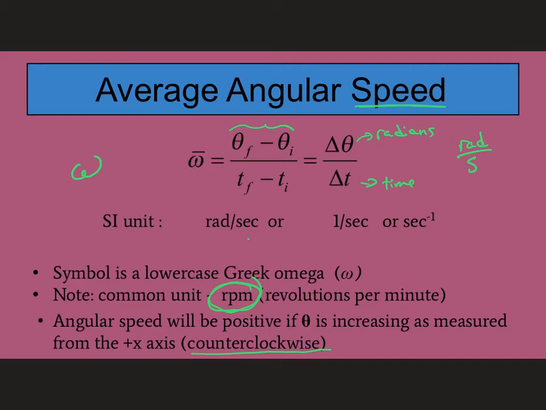So we go from 0 to 90, from the positive x-axis to y, that's the counterclockwise direction. That is positive in terms of angular quantities, and so that means that clockwise is negative. So if we go from 90, from the positive y to the positive x, that's the negative direction in terms of the rotation.